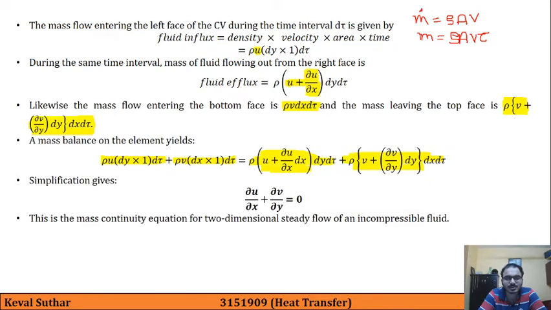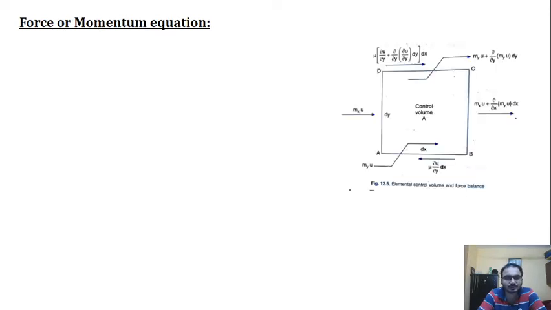That is, this is the continuity equation for two-dimensional steady flow of an incompressible fluid. Today we are beginning with a new equation, that is, the force or momentum equation.